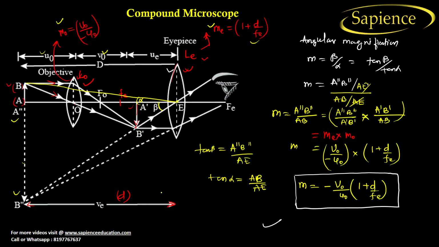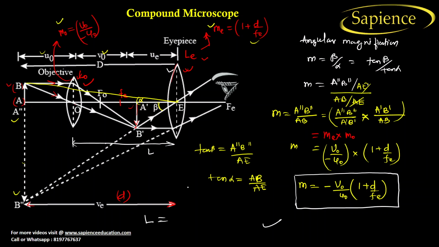One more thing I forgot to derive is the length of the compound microscope. When we talk about the length of the compound microscope, L is equal to the length of the compound microscope. This will be equal to this distance. How will you write this?